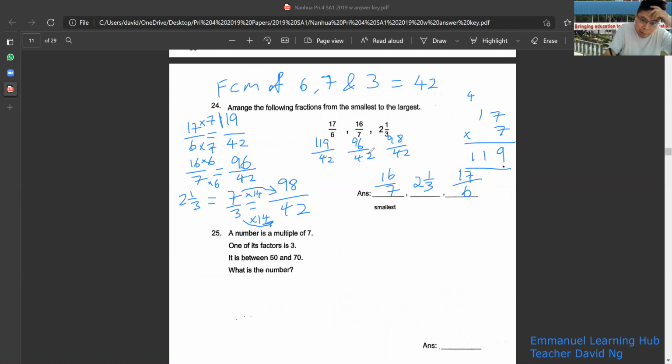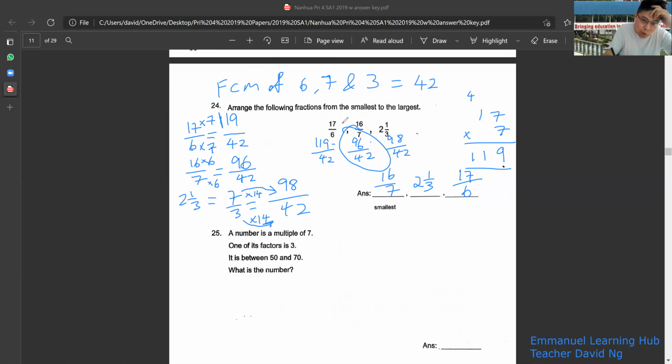Because you need to compare apple to apple. That means the denominator must all be the same in order to compare which one is the smallest. Then you can tell this is the smallest because 96 is smaller than these two numbers. You understand?